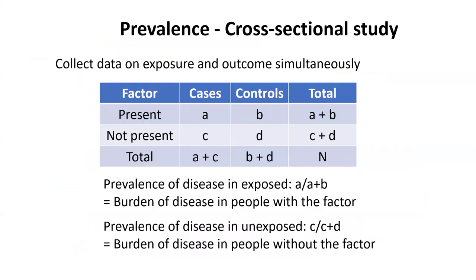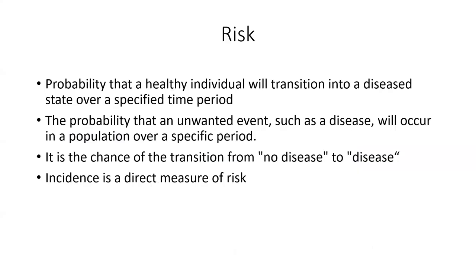That is the prevalence of the disease in the exposed, and the number of cases amongst those who do not have the exposure, that is the denominator, that is the prevalence in the unexposed. You can then calculate the prevalence ratio also in cross-sectional studies. So one estimate which you can calculate in cross-sectional studies is prevalence ratios.